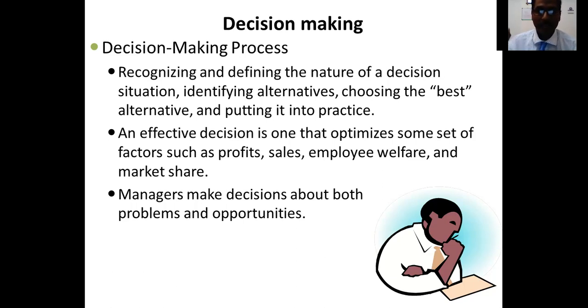An effective decision is one that optimizes some set of factors such as profit, sales, employee welfare, and market share. As a manager in a professional setting, we need to take decisions that will enhance many factors related to the organization, such as profit, increased sales, employee welfare, and increased market share of the company.